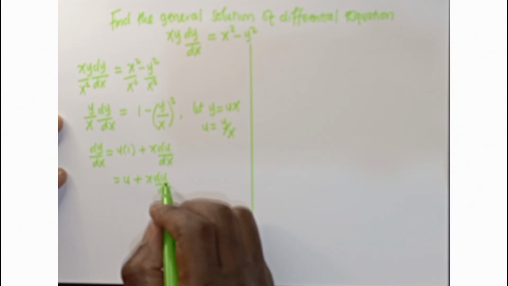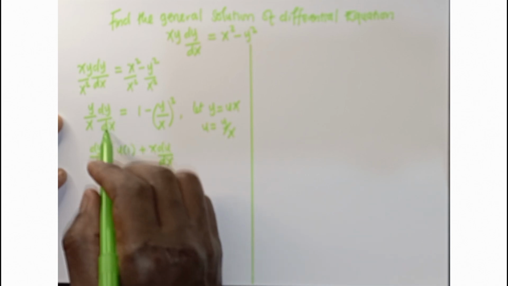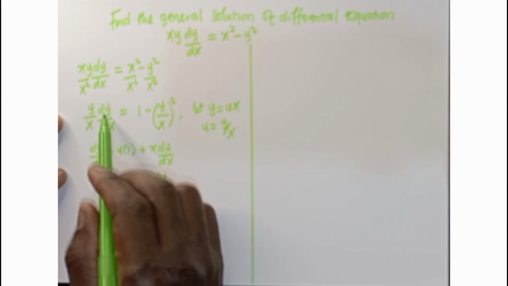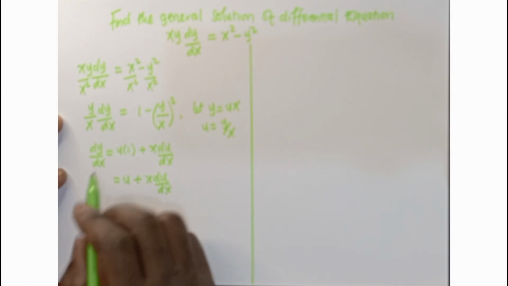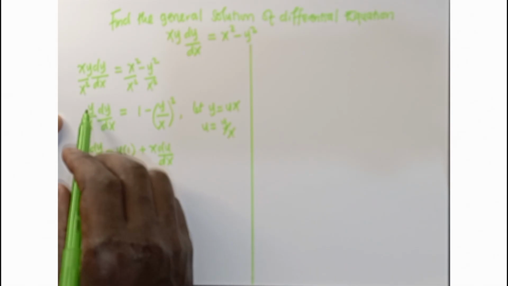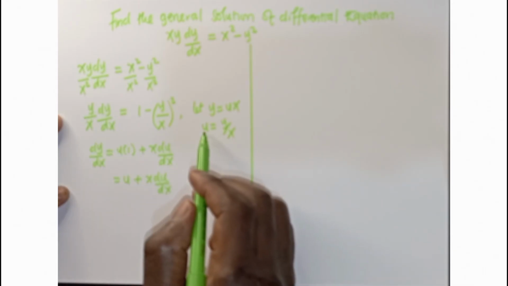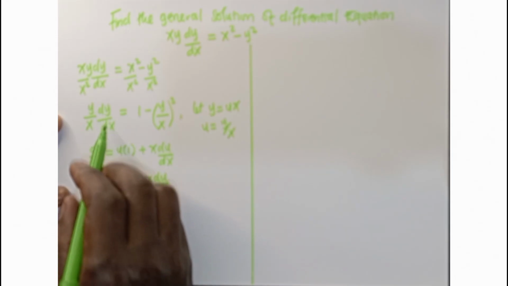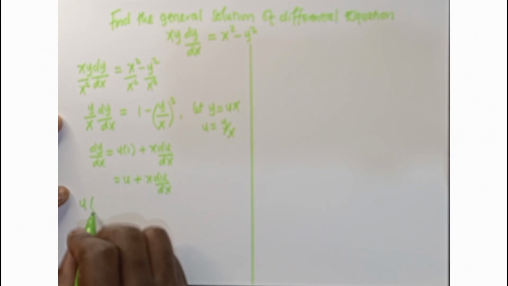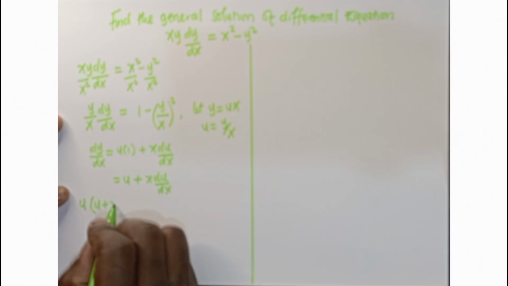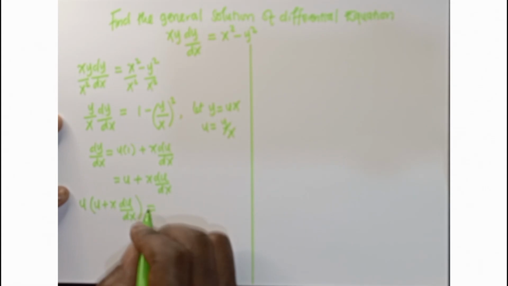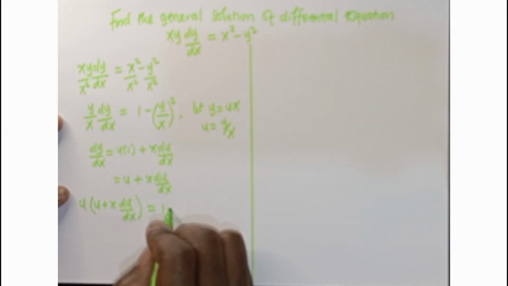Now after having this, we are going to substitute it where there is dy by dx. So substituting it back, where there is y out of x, we replace it with u. So here we shall have u, and dy by dx is now this. So we shall have u into u plus x du dx is equal to 1 minus u squared.